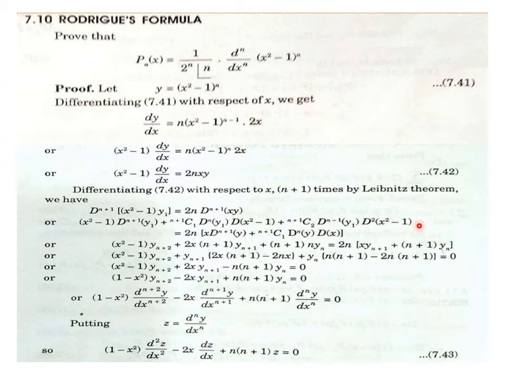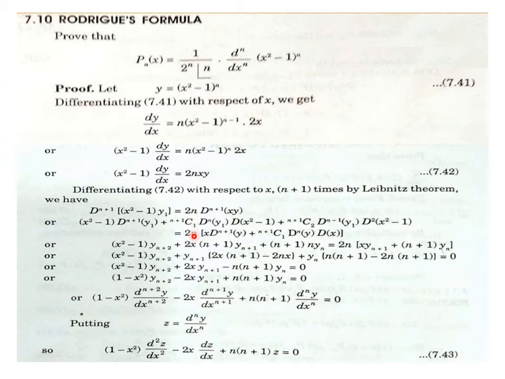It could be added up to several more finite terms, but we are finishing here. Why? Because it's d square of x square minus 1, and if you differentiate x square minus 1 twice, you will get 2, and in the next term it will be d cube of x square minus 1, that will be 0, and so on. All zeros will be obtained in the remaining terms. That's why we are stopping here in the left hand side.